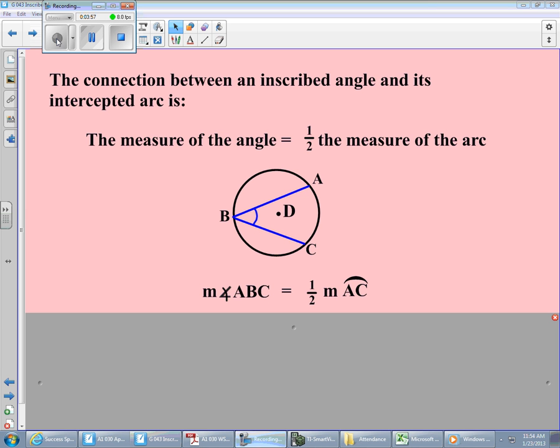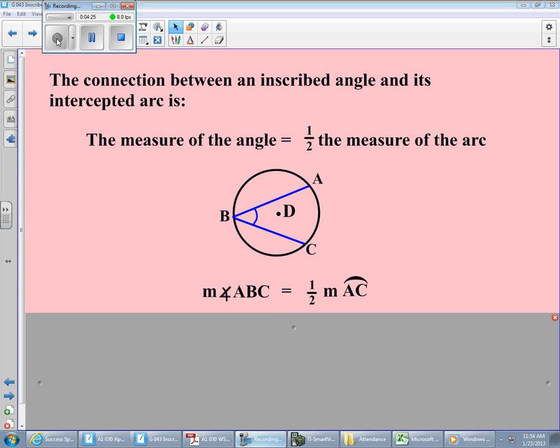And as I said, there's a little bit of common sense. If you think about where the vertex of an inscribed angle is positioned, it's positioned way out here on the circumference of the circle. Yesterday, when we were talking about central angles, it was positioned on the center point of the circle. So a different way of thinking about it is the vertex has gotten twice as far away from its endpoints as it was before.